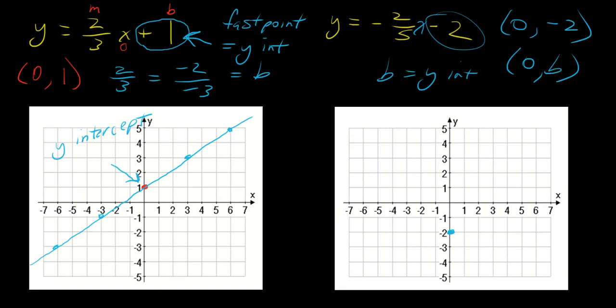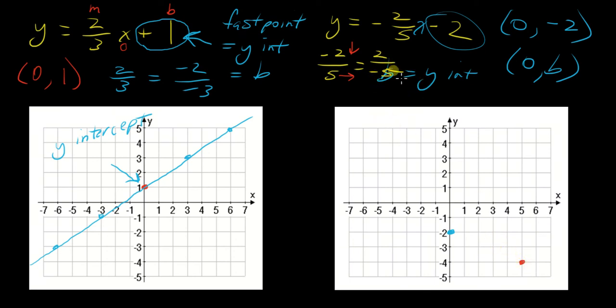Okay, now, according to this, I can either do a slope of -2 over 5 or 2 over -5. So I'm going to go to this point that I know is on the line. And here it says if I gain 5 x's, I lose 2 y's. So 1, 2, 3, 4, 5, lose 2 y's.